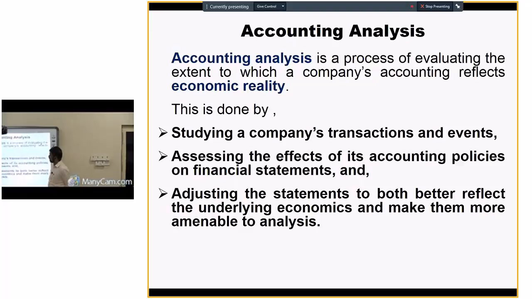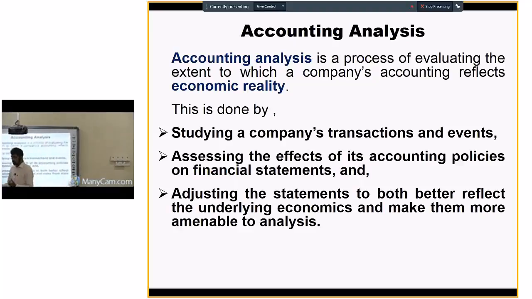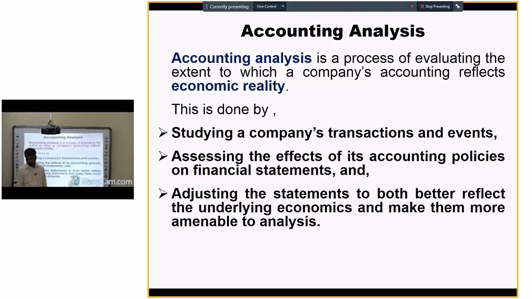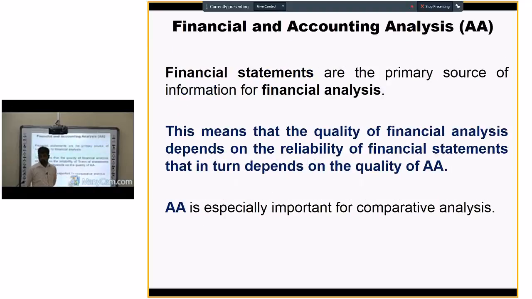Next one, adjusting the statements to both better reflect the underlying economics and make them more amenable to analysis, right? Sometimes we may have some adjustments to get a good picture for the analysis.